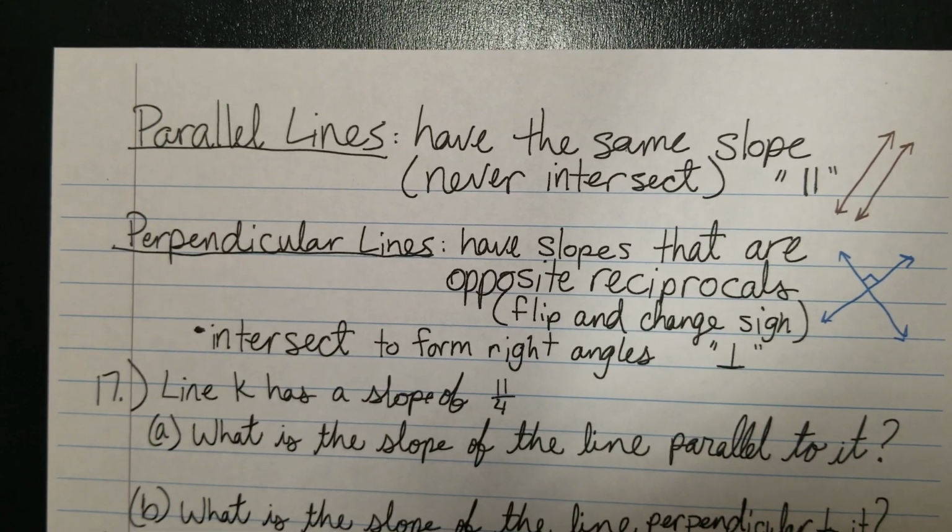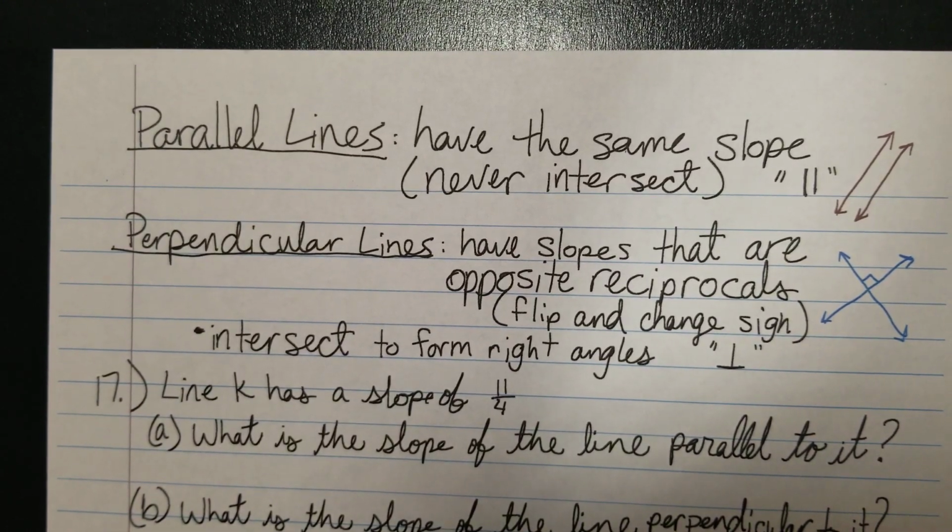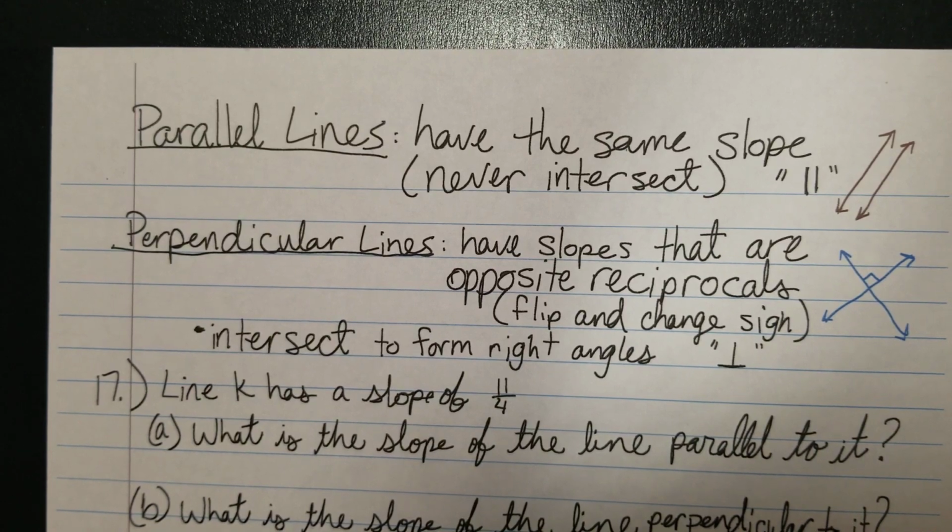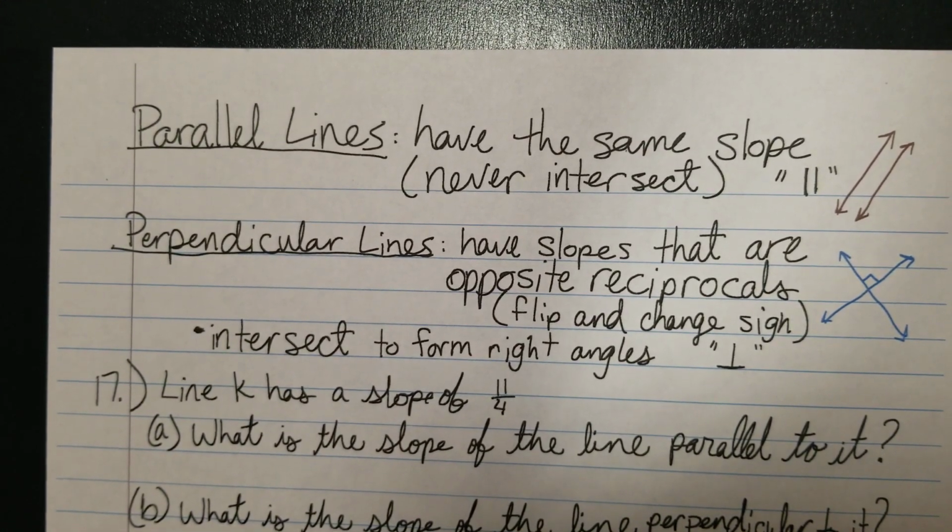And so in terms of the slope, parallel lines actually have the same slope, okay? And then perpendicular lines, we would commonly think of those as lines that are intersecting at a right angle. But in terms of the slope, their slopes are opposite reciprocals. So that means that one of them would be positive, one would be negative, and then they're flipped. Okay, so like 2/3 and -3/2, for example.